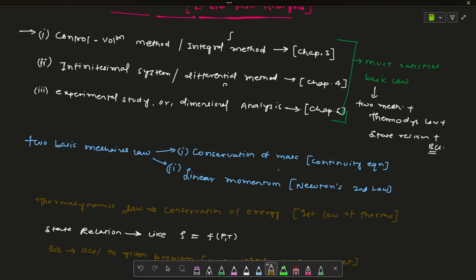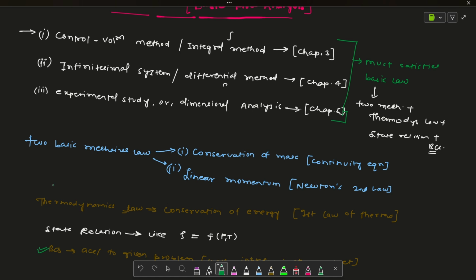If some energy terms are there, we will use the thermodynamic law as well. For gases we will use state relations, or we can use the table for liquids. The boundary conditions will be chosen according to the physical condition of the problem.